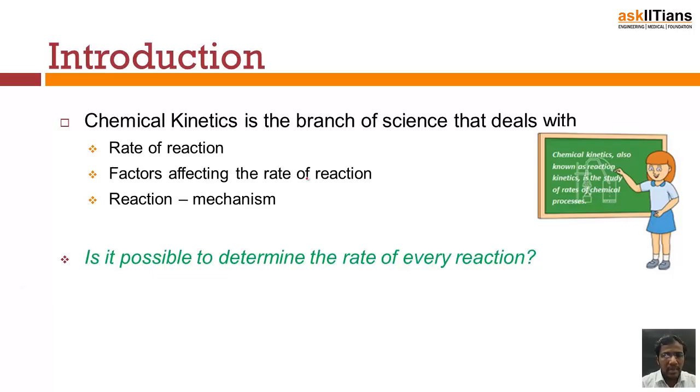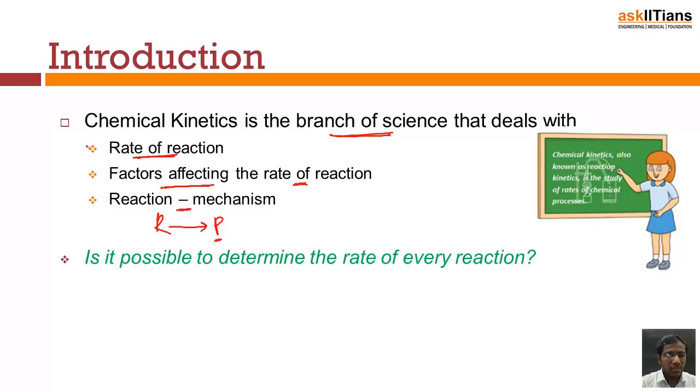So chemical kinetics is a branch of science that deals with the rate of reaction, that is the speed of the reaction, and also the factors that affect the rate of reaction, and also the sequence of the steps through which the reactants pass to the final state, that is products. That is called reaction mechanism.